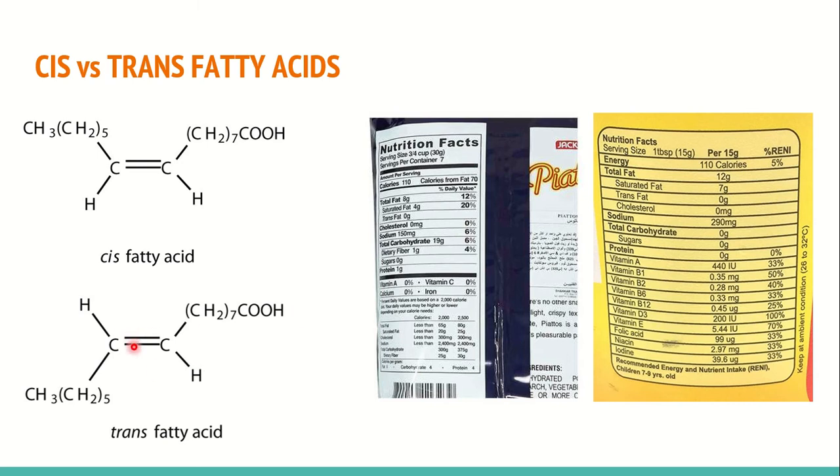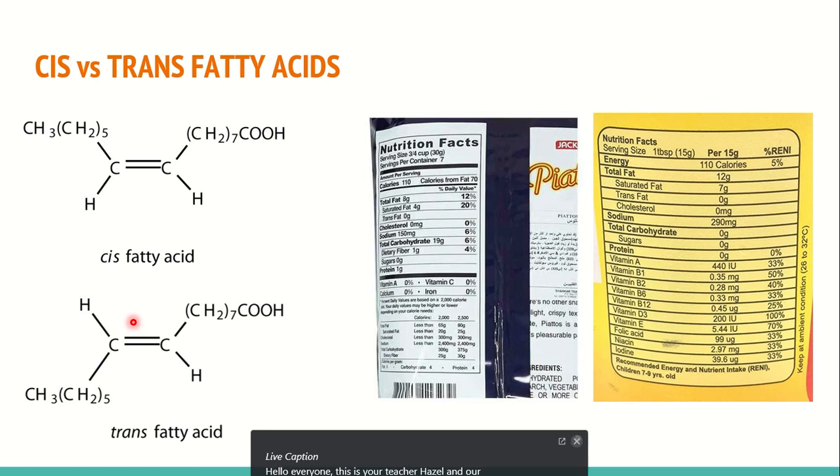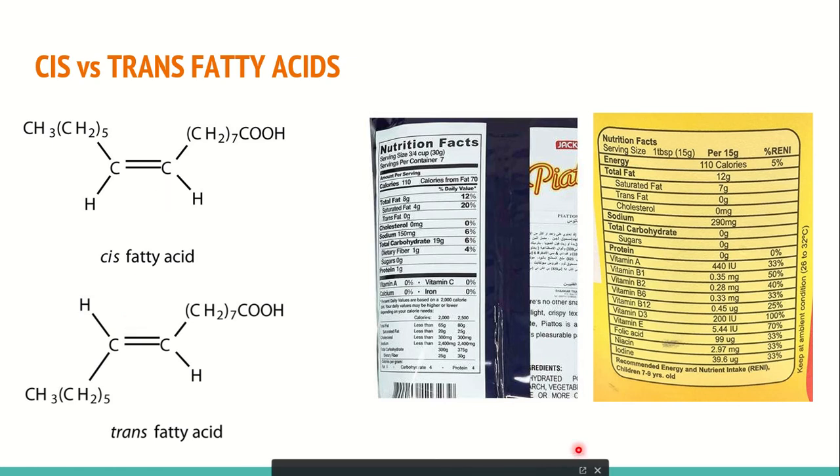Or they behave like saturated fats. And ang saturated fatty acids natin, they are stable, more stable than your unsaturated fatty acids. Kaya kapag mas stable siya, mas mahirap i-break. Mas mahirap i-hydrolyze ang fatty acid na yon.